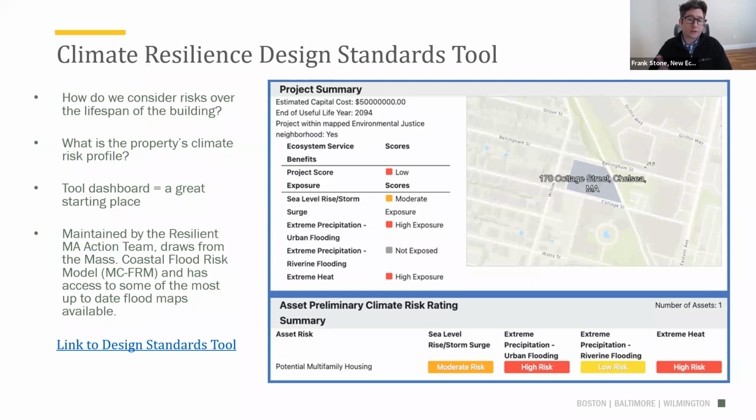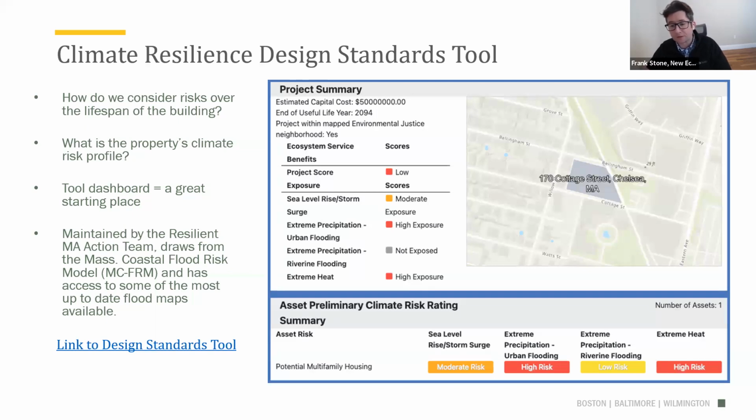So one of the first tools that I'd like to bring to your attention, and this is written up in the report in greater detail, is the Climate Resilience Design Standards tool put out by the Mass RMAT team. What this tool does is it takes about 1 or 2 hours to learn, and it will give you a pretty comprehensive understanding of the risks at the property out through 2070.